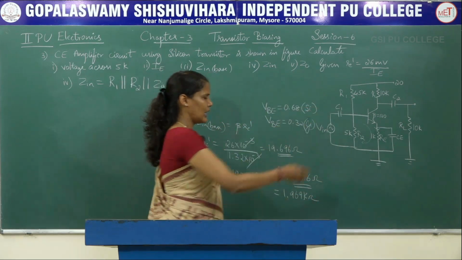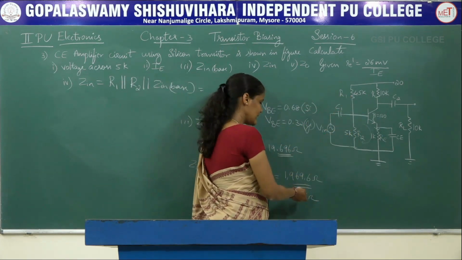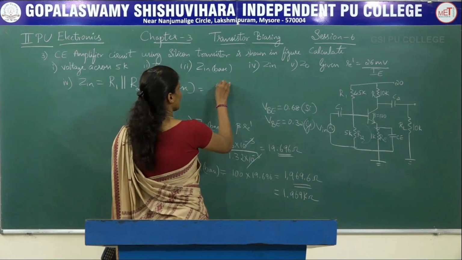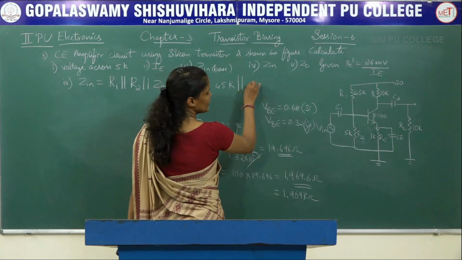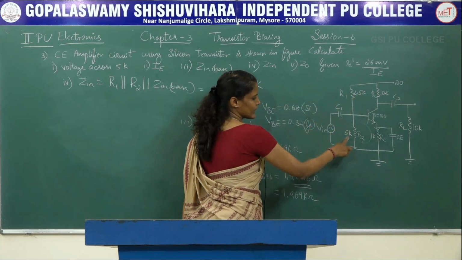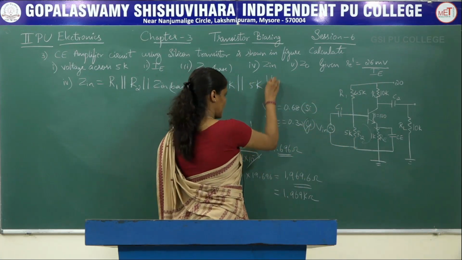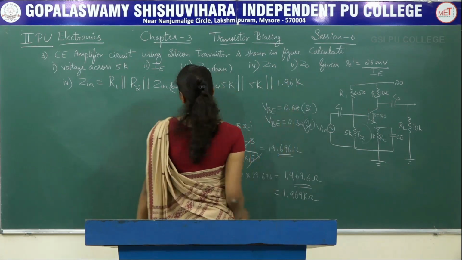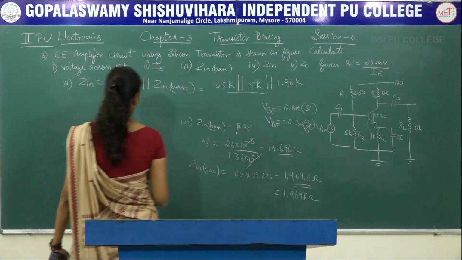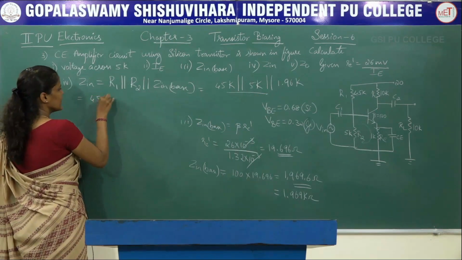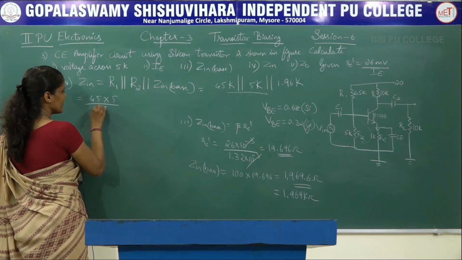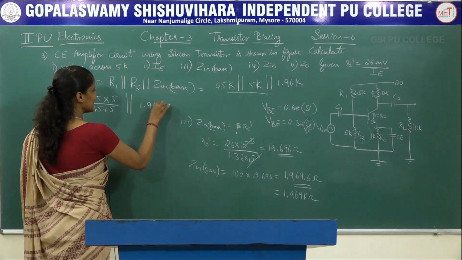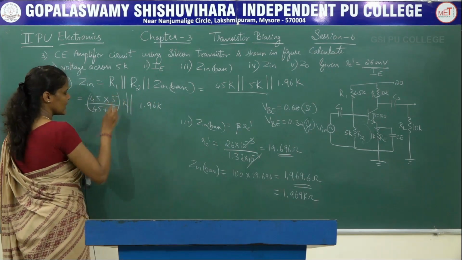So R1 and R2 are in kilo, so let me consider this Zin base also in kilo. 45 kilo parallel to 5 kilo parallel to 1.96 kilo. So first let us simplify this. 45 into 5 divided by 45 plus 5 parallel to 1.96 kilo. This entire thing comes in kilo.